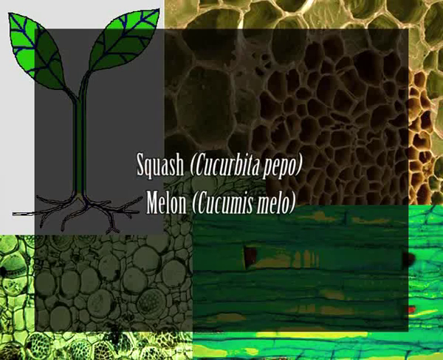The symplastic pathway is present in species that have intermediary companion cells and that transport raffinose and stachyose in the phloem, in addition to sucrose. Examples are squash, that is Cucurbita pepo, and melon, Cucumis melo.